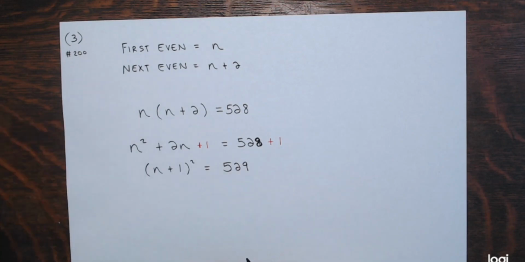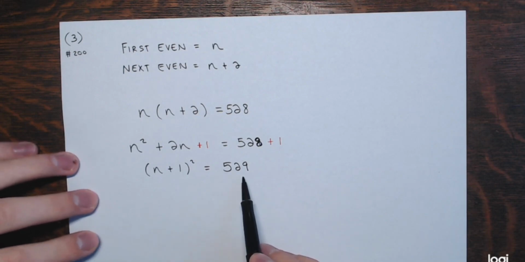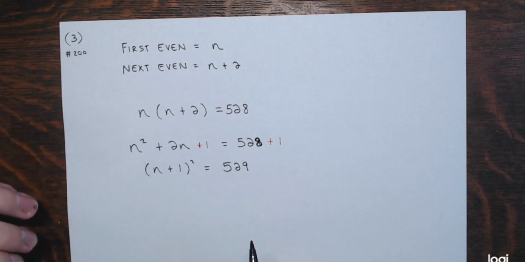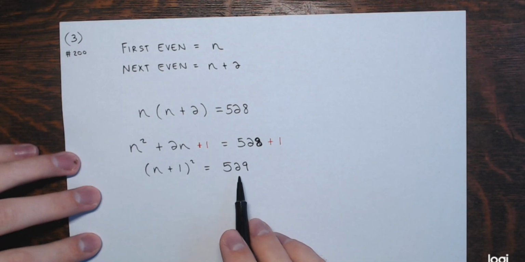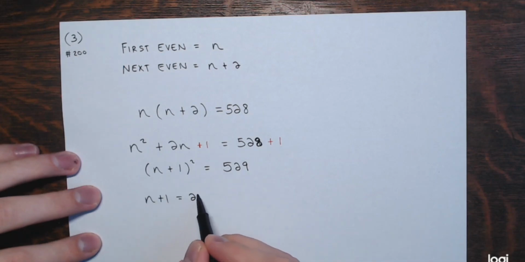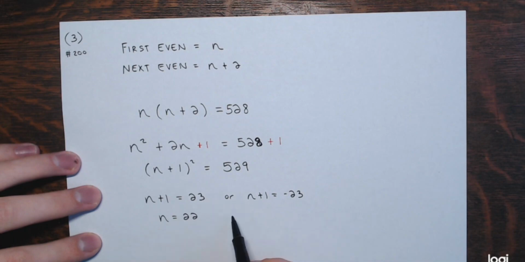And this is what? 23 squared? Yeah, this is 23 squared. 23 times 23, yeah, 529. So n plus 1 is either positive 23 or negative 23. Solving each of these, we get n equals 22 or negative 24.